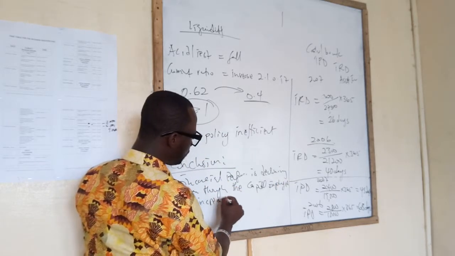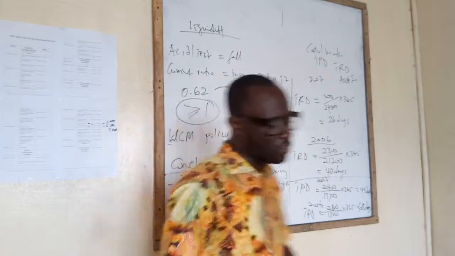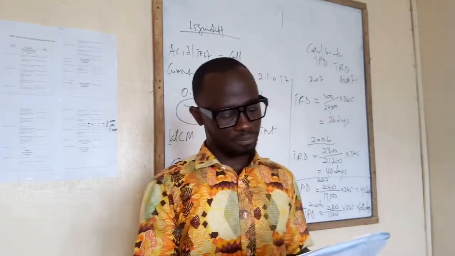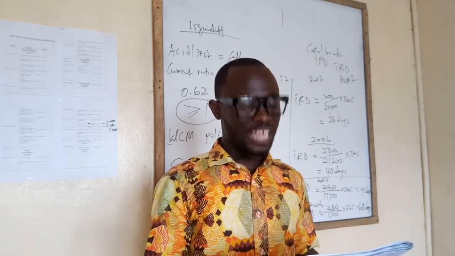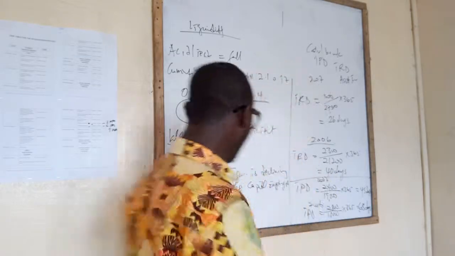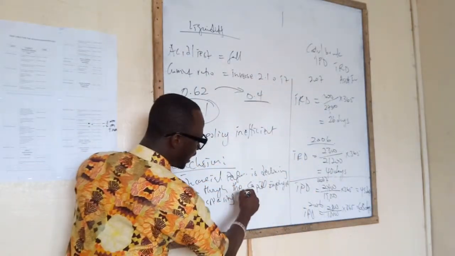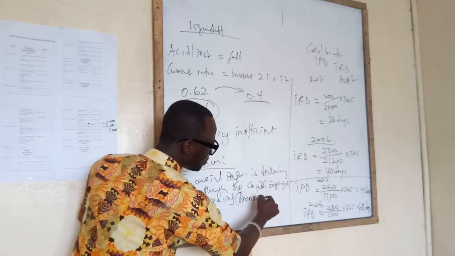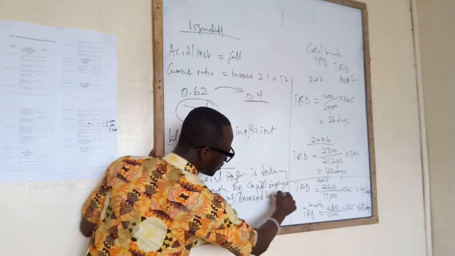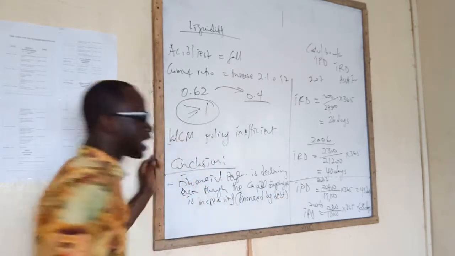Now, check something for me. Are the shares of the company increasing or are they the same? Shares remain the same. So this capital employed increase is financed solely by debt, which is not good for the company.